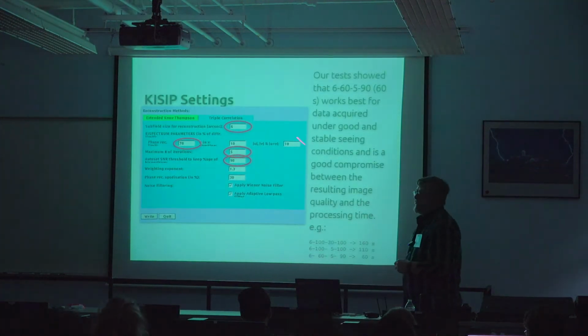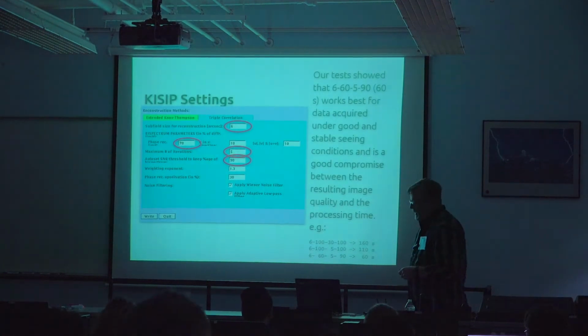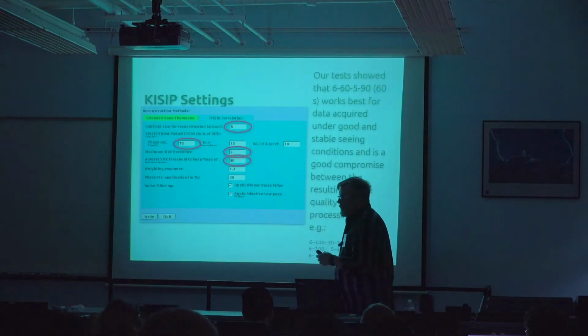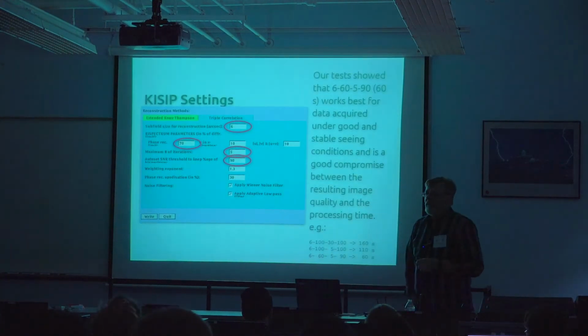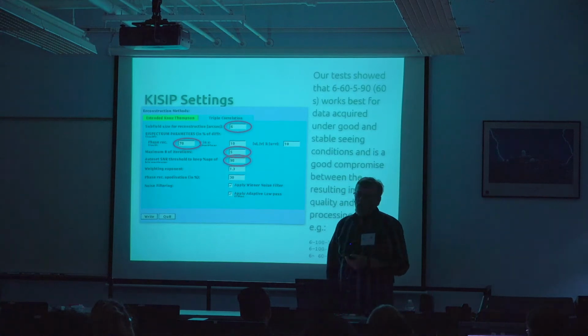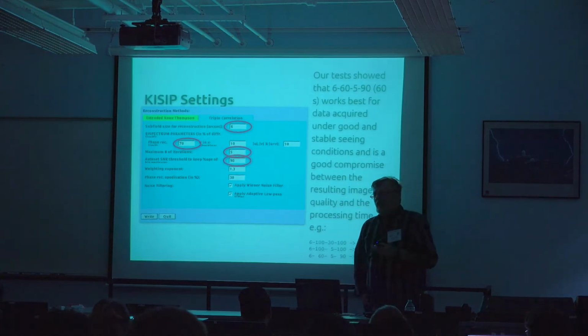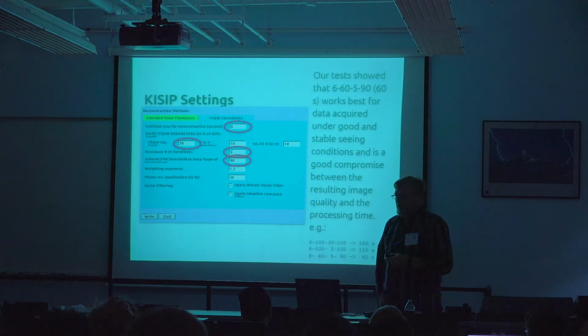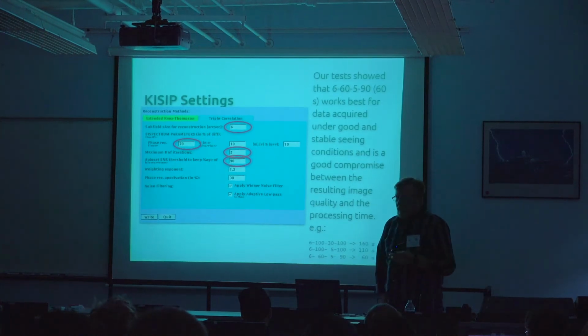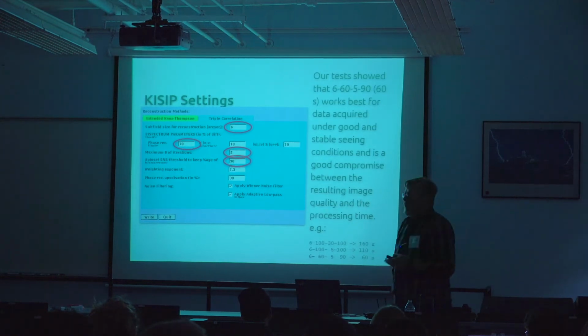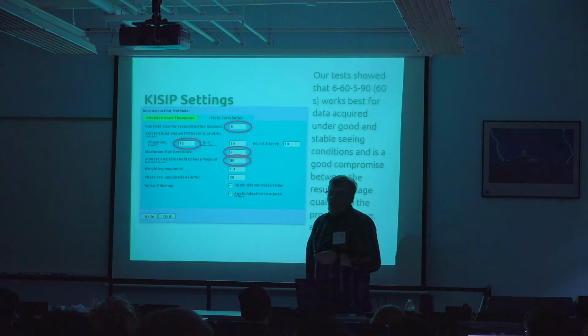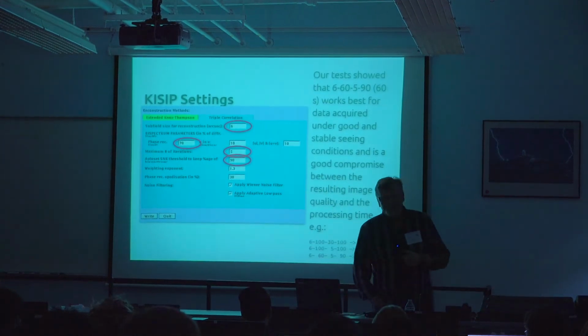Speckle reconstruction. This is the same GUI, but in a slightly different shape, but you can now recognize those parameters. When we started to observe back in 2009, we didn't have a lot of computational capability. One of the problems was that we wanted to reduce the runtime and disk space. We started by taking 100-image bursts and then speckle reconstructing them, and we found that it takes a lot of time.